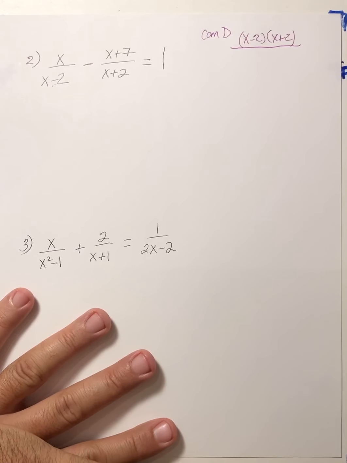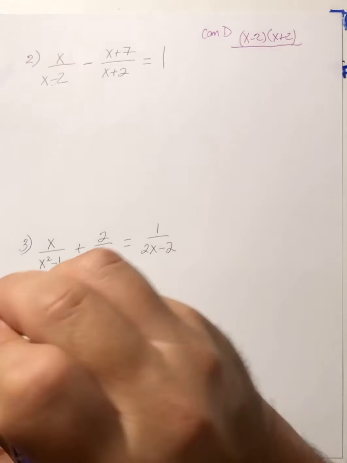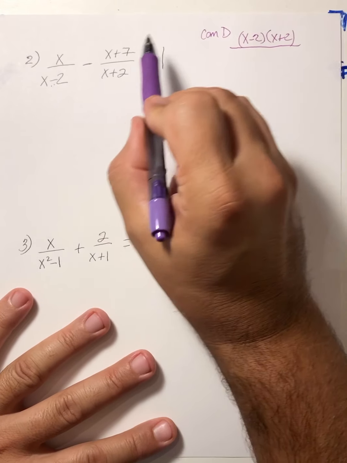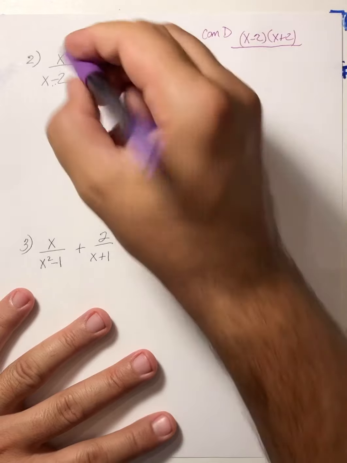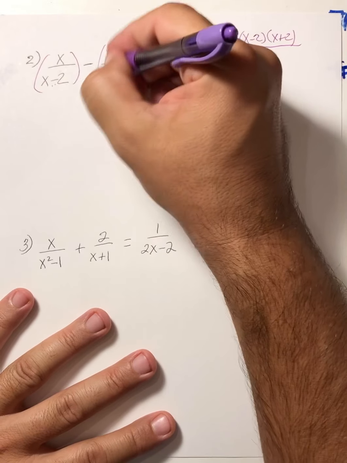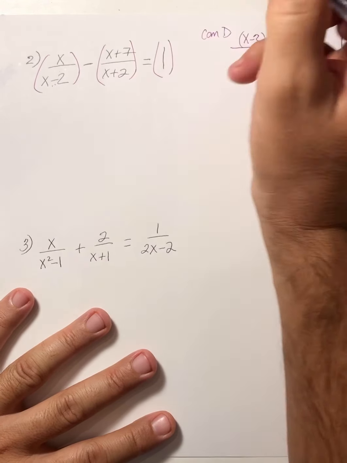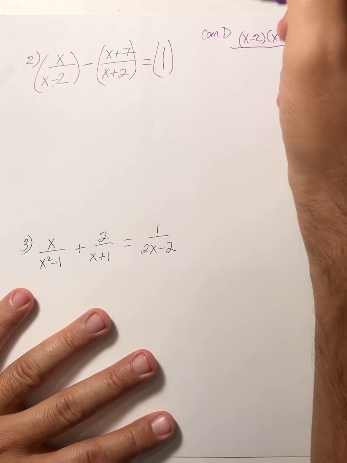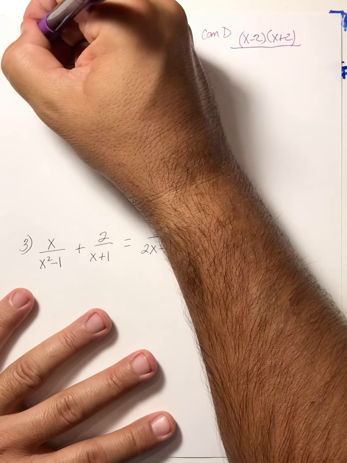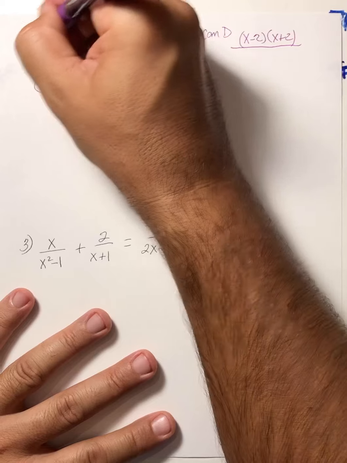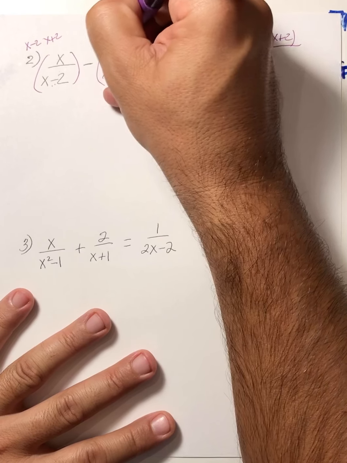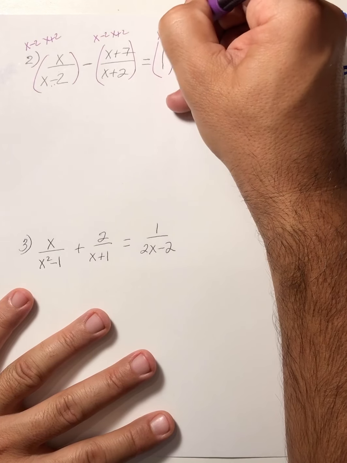Okay, so now we multiply each term by the common denominator. Why am I doing that? That's right, to make the denominators cancel out. So x minus 2, x plus 2.